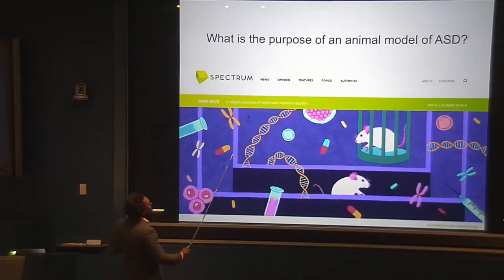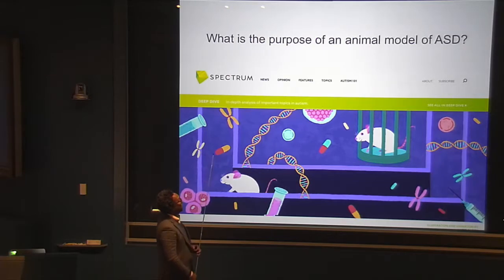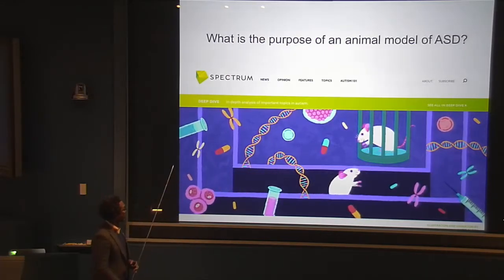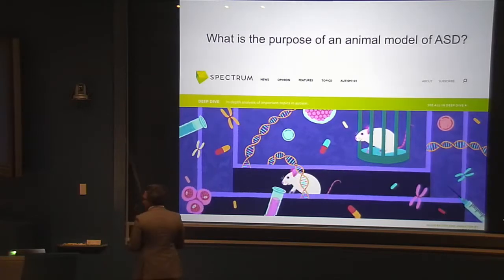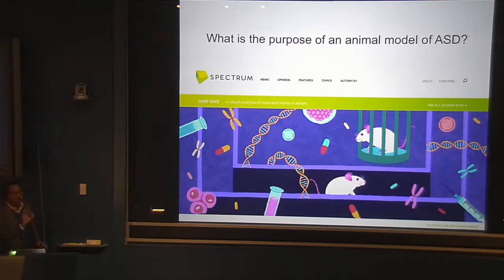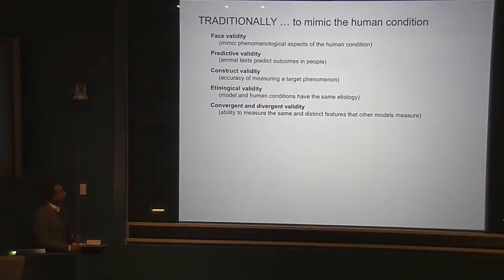So, what really is the purpose of an animal model in general of something that is a brain function or dysfunction? This has been discussed, and there are a number of articles that you could read about that. The traditional answer to that is this. Usually it's thought, at least when I was starting this kind of work in the literature, these animal models are typically treated as if they're meant to somehow mimic the human condition.